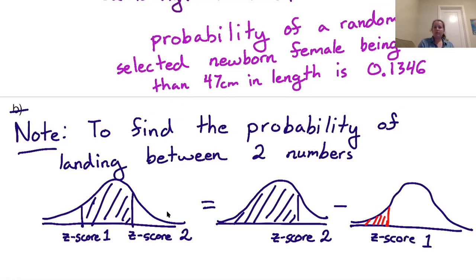So we can find the left area for both of the z-scores and then subtract. We do the bigger probability minus the smaller probability, and that will give us the probability of landing between the two numbers. So that is finding probability when we have a normal distribution.